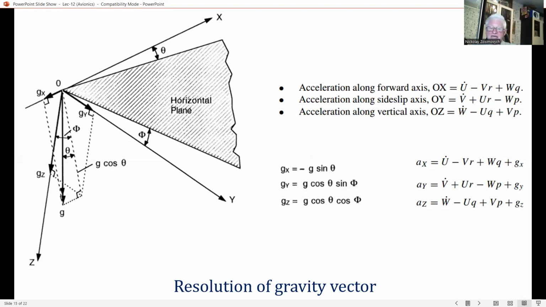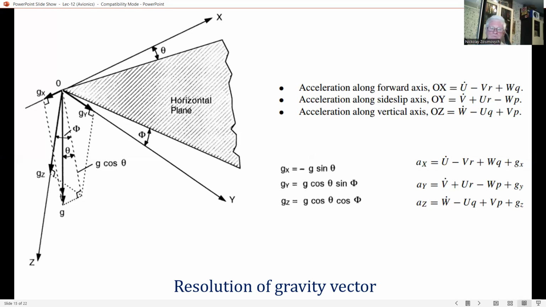The suffix A is used to denote the source of U, V, W, in our case U as U sub A, V as V sub A, and W as W sub A.